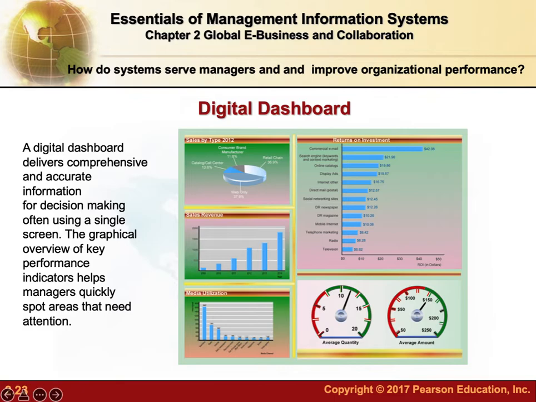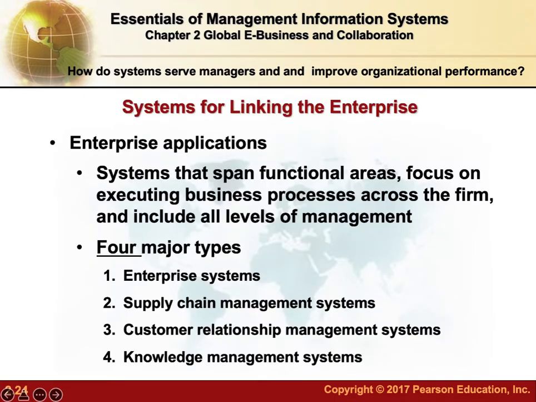So with all the systems, we have the enterprise system, or ERP, where they integrate business processes. In terms of enterprise, four major types: the enterprise system, supply chain management system, CRM, and knowledge management system.